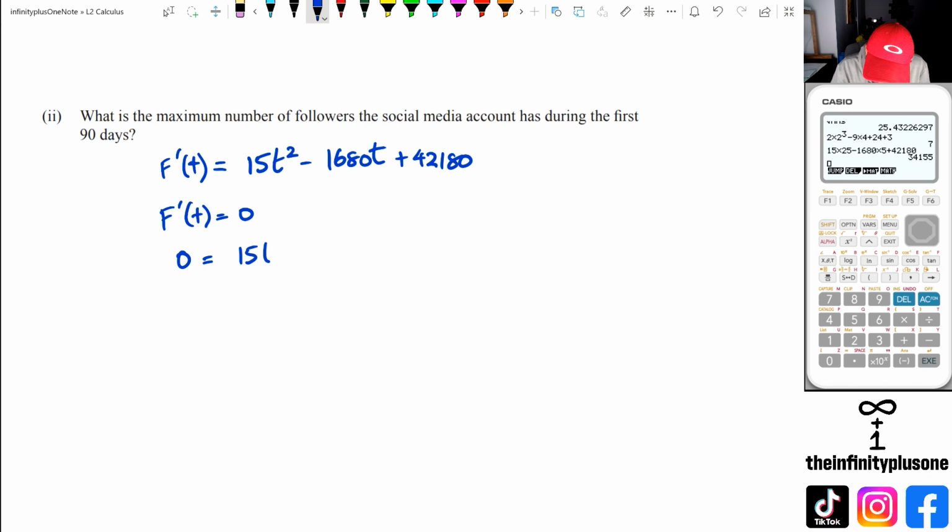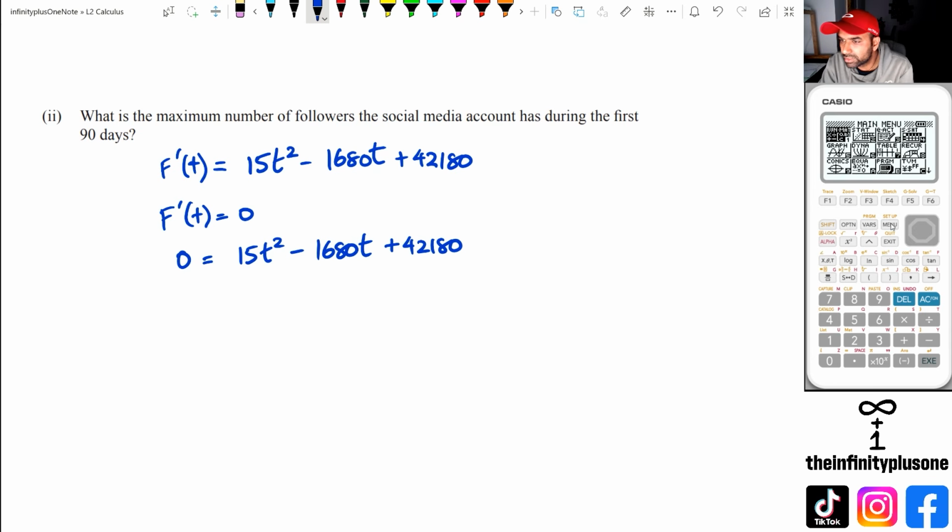So we've got 0 equals 15t squared minus 1680t plus 42,180. Putting this in the calculator, go into menu, equation, polynomial, degree 2. Solving this, I'm getting 74 and 38.